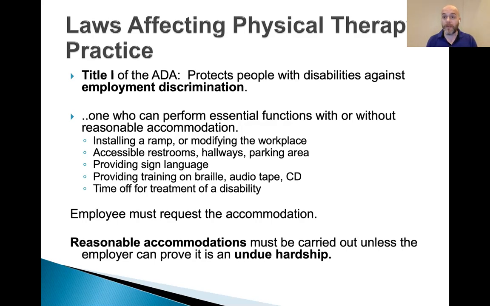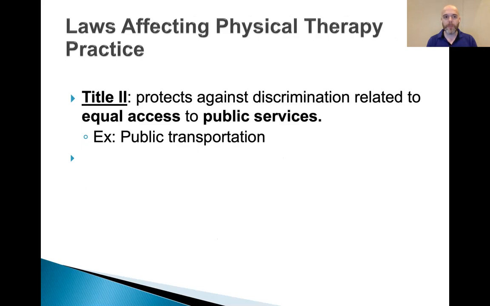It also includes giving people time off if they have a disability, like if they have to get a lot of medical treatment or therapy. The employer must give them time off for that, because that's part of their disability, and the employer cannot, under the ADA, discriminate against that unless they can prove it's a reasonable hardship. And I think it's pretty hard to show that.